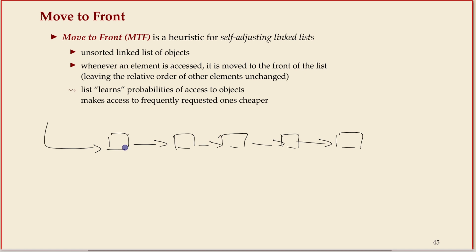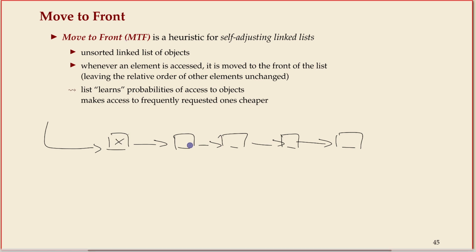But if you're trying to find one of the early ones, it's very fast. So in some cases, when your accesses are very clustered, you can maybe hope that the thing you accessed before is close to the beginning. And move to front is the idea of making it so.